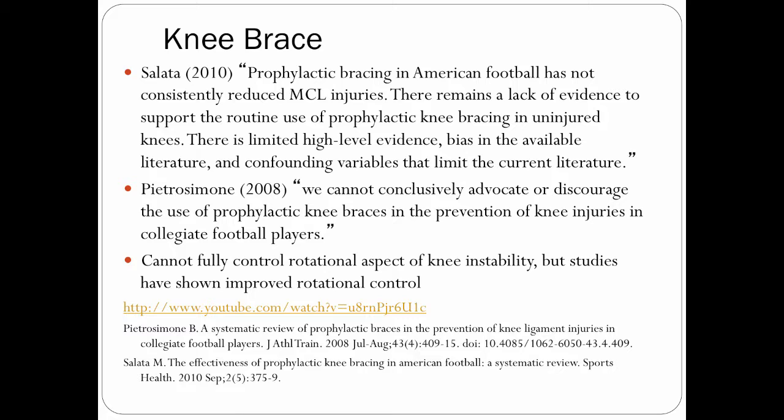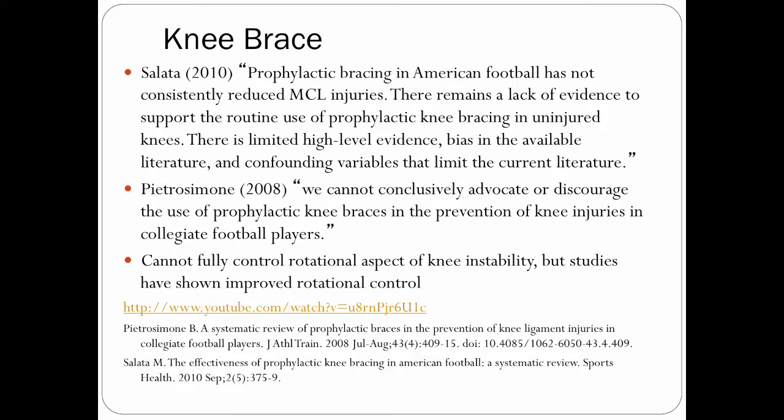So a couple of studies here. Salata in 2010 came out with this conclusion: prophylactic bracing in American football has not consistently reduced MCL injuries. There remains a lack of evidence to support the routine use of prophylactic knee bracing in uninjured knees. There is limited high-level evidence, and bias and confounding variables limit the current literature.